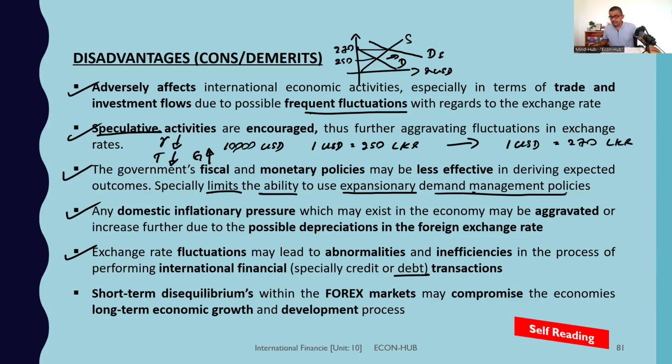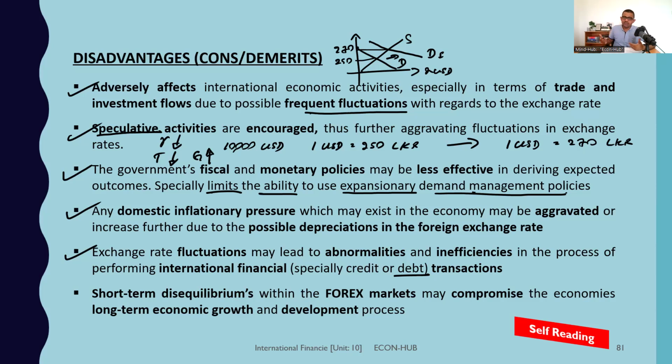On the other side, say the year before, we have taken a foreign loan, a dollar denominated loan. We will say we got $10 million as a loan. $1 we brought into Sri Lanka at 200 rupees. So for every dollar we got as the loan, we got 200 rupees in LKR.